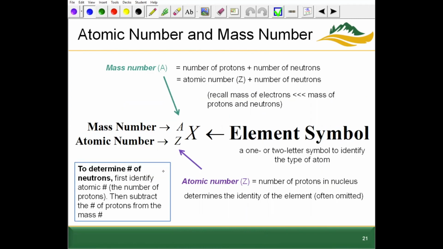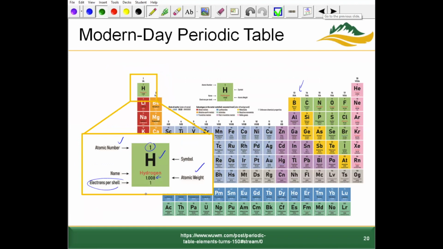Now you can also see elements represented like this on their periodic table. And just in general, not necessarily on a periodic table, but recognize that if you see an element that's listed like this, it is still the element symbol, so it'll be a 1 or 2 letter symbol to identify the type of atom. On the upper left here is always going to be the mass number. Where was the mass number here?